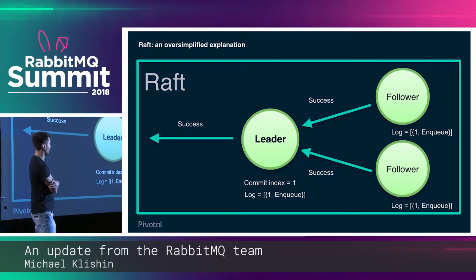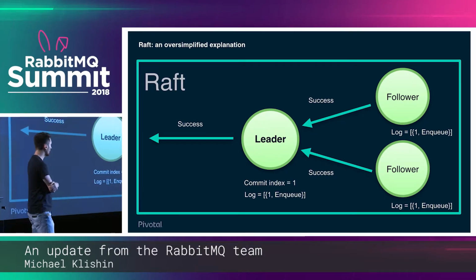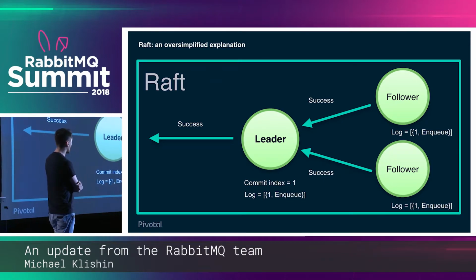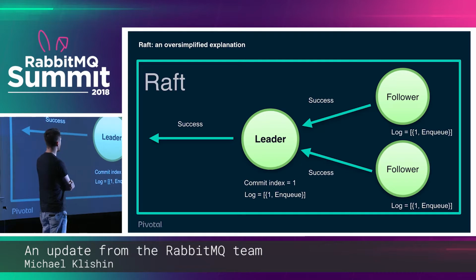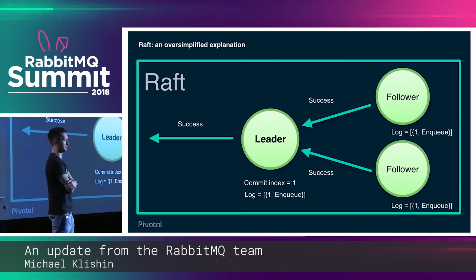So both followers, in this case, modify the log to have this index 1 operation in queue, and report success. And as soon as a quorum of them, so more than a half, reports to the leader, it does its own commit, increments the index, and reports success to the client. That's basically it. How exactly leader election happens, not very interesting. It's not particularly novel.